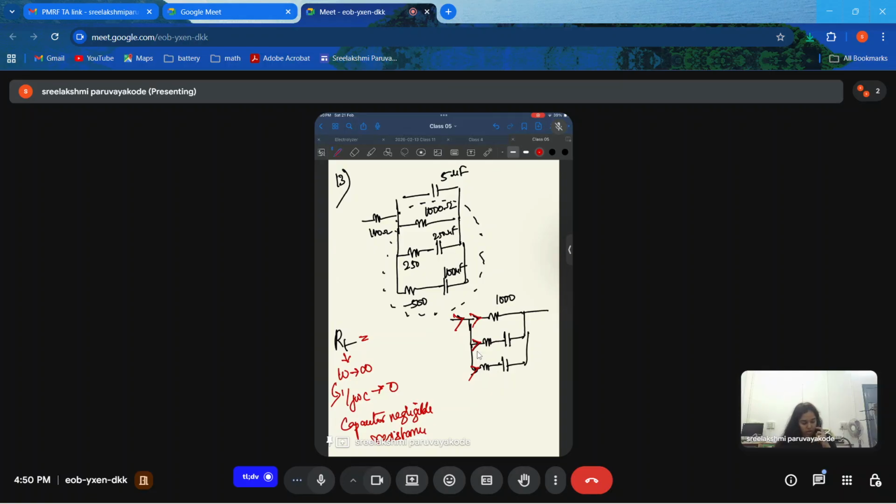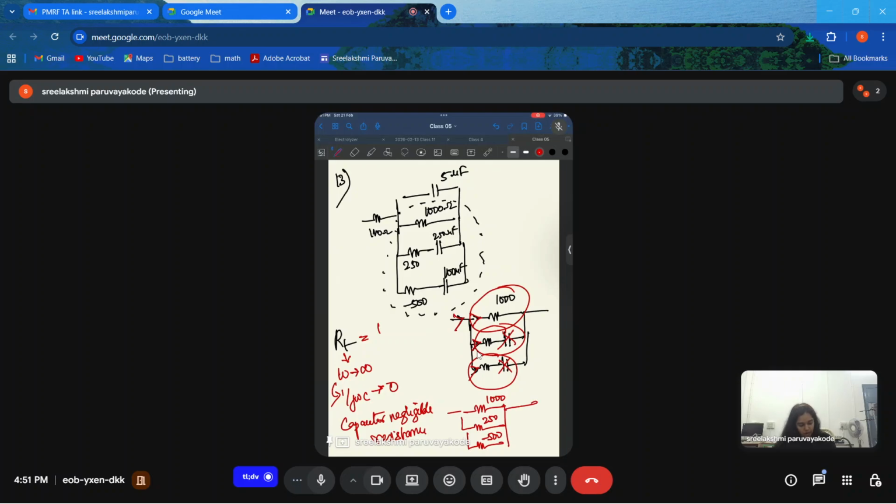So the current can pass through this one, this one, and this one. It is like this capacitor is not there. It offers no resistance. So RT is nothing but 1000, then 250, and then minus 500, all of them in parallel.